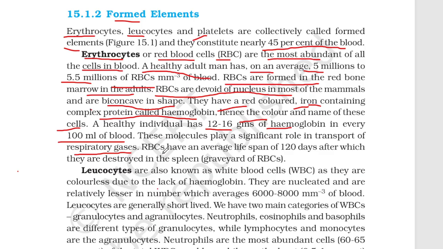Then RBCs have an average lifespan of 120 days, after which they are destroyed in the spleen, which is called the graveyard of RBCs. So RBCs have a lifespan of 120 days. After that these RBCs will be destroyed, for example in the spleen, which is also called the graveyard of RBCs, and new RBCs will be born from the bone marrow.